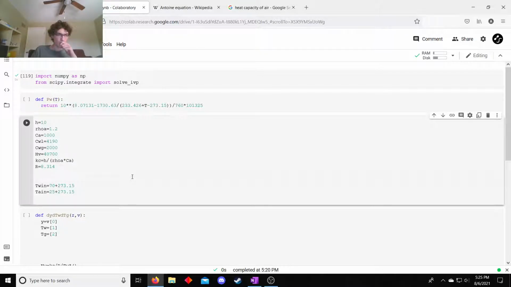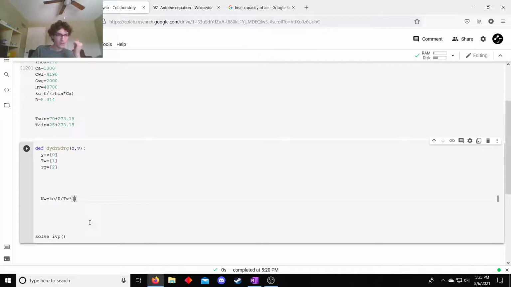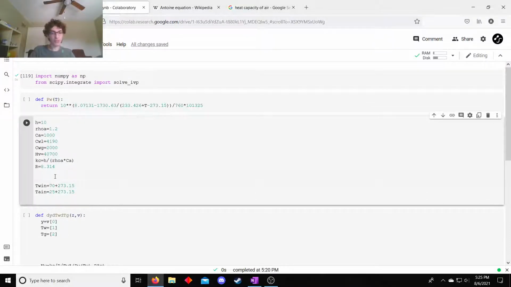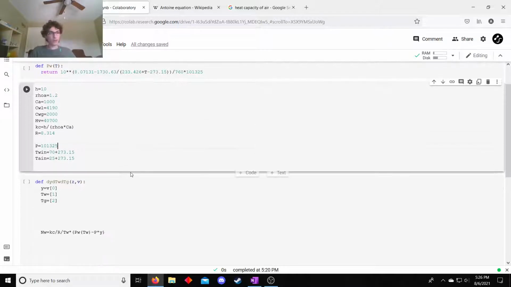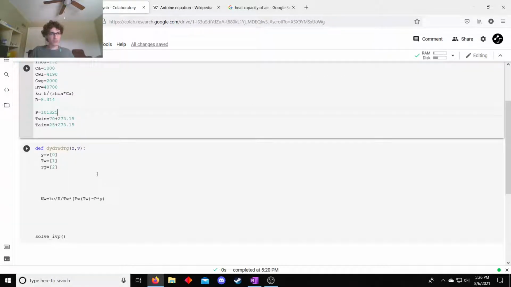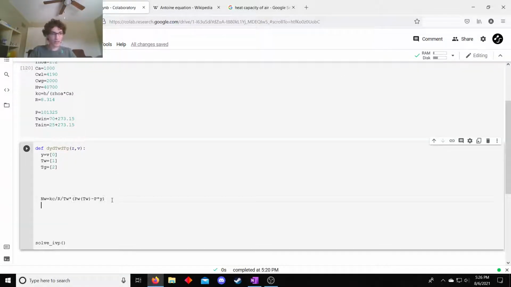Okay, so from here, we can type in PW at the temperature of the water minus the partial pressure of the water, which is going to be the total pressure times the mole fraction. So we need to define our pressure. It's going to be atmospheric pressure, which is there in pascals. Okay, so that's our NW.